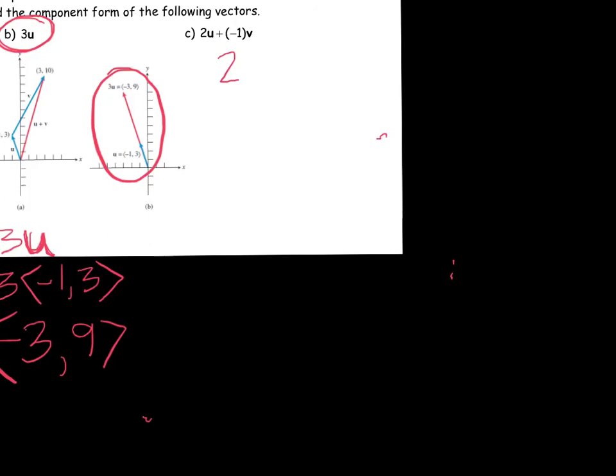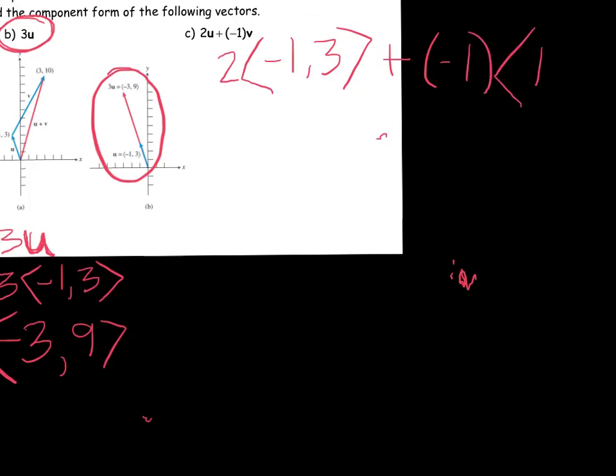Hit the pen. Okay. So I'm going to take 2 and multiply it times my vector u. Vector u up there on the page was -1, 3. And I'm going to add it to vector v, but before I do anything, I'm going to change its direction. As in any algebra, I'm going to do my order of operations.